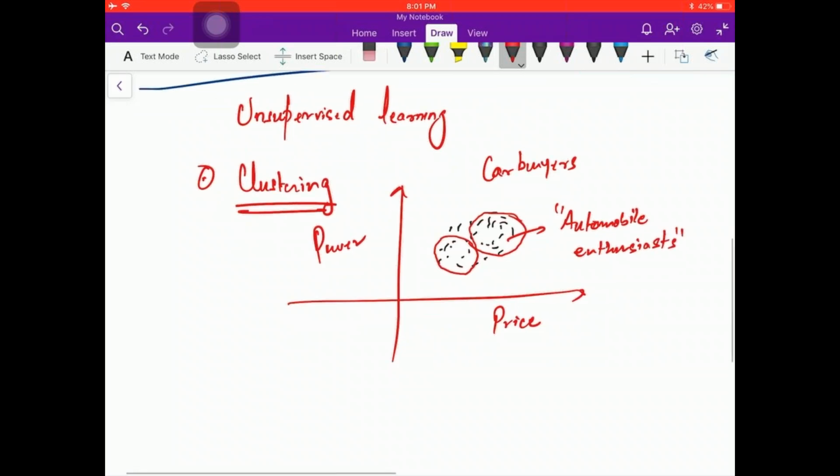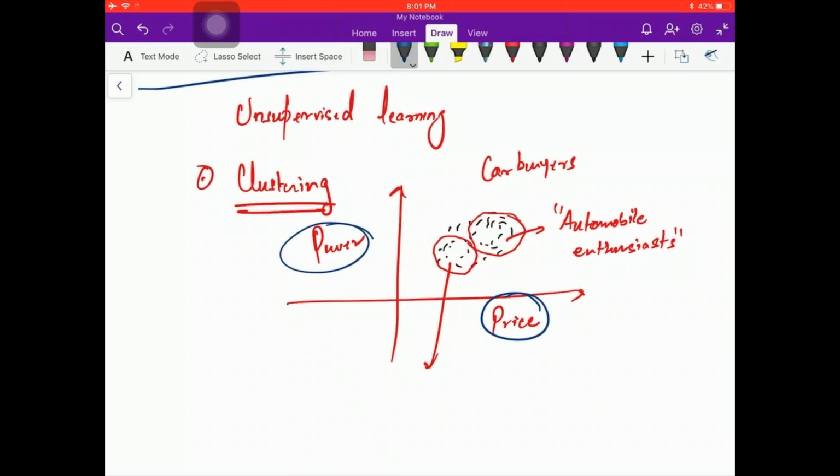People here don't have too much concern about power, so they want a lower price. They are in the left lower bottom side. So these can be termed as price conscious customers. Now, what do you do after this? This is something which you have decided.